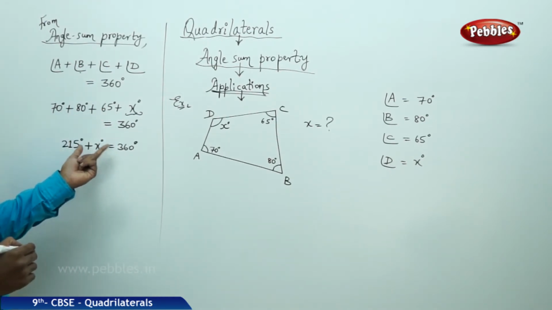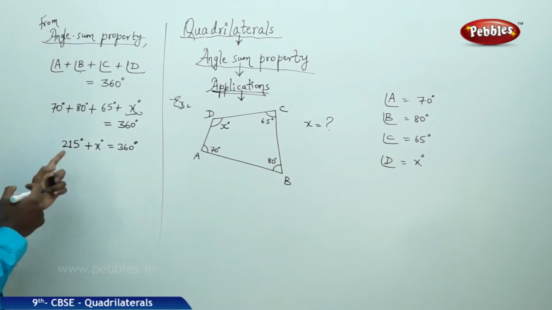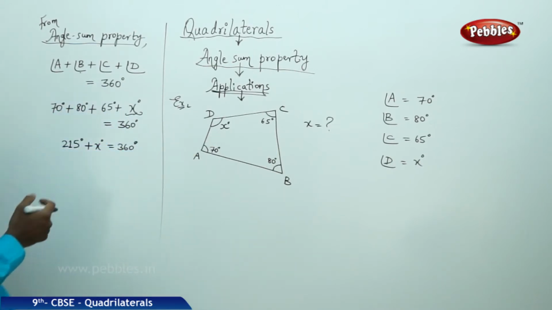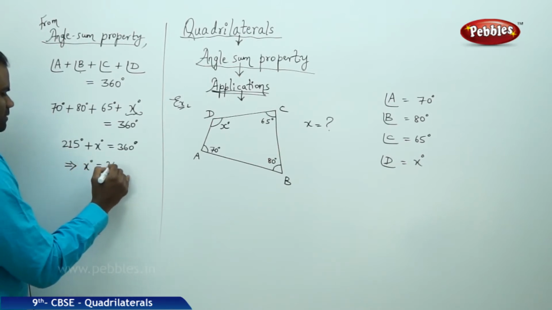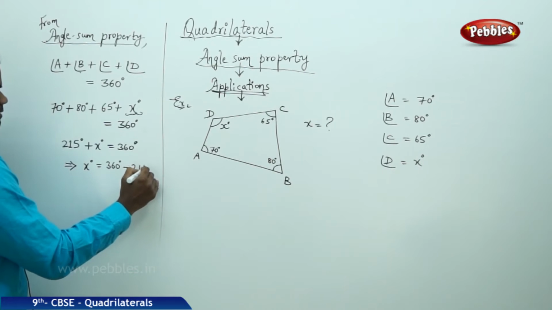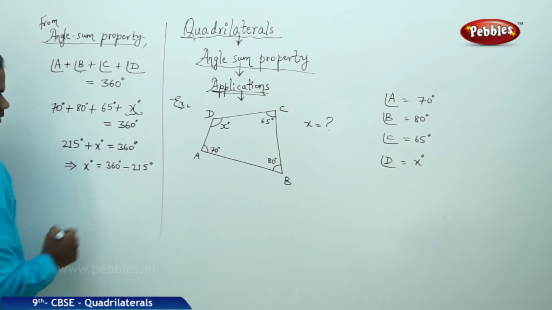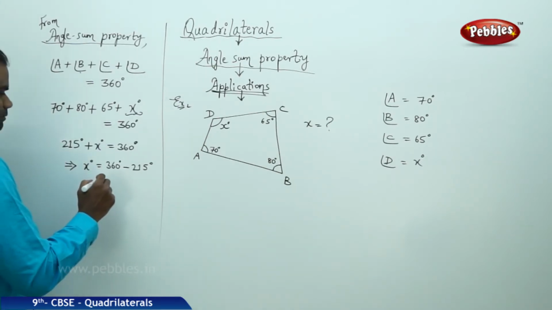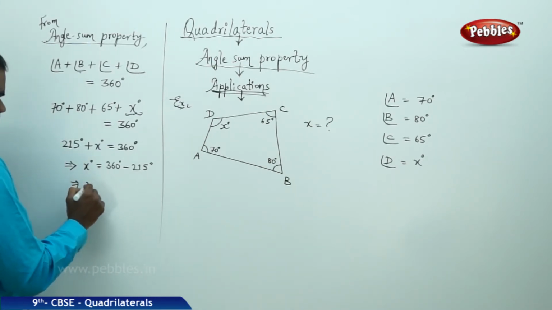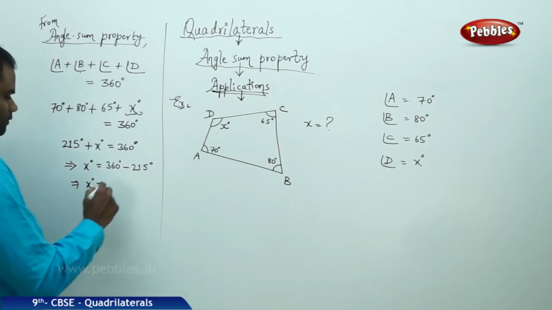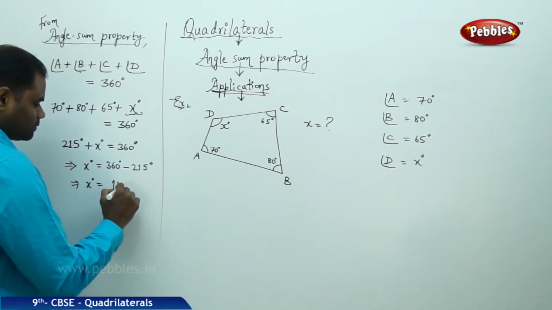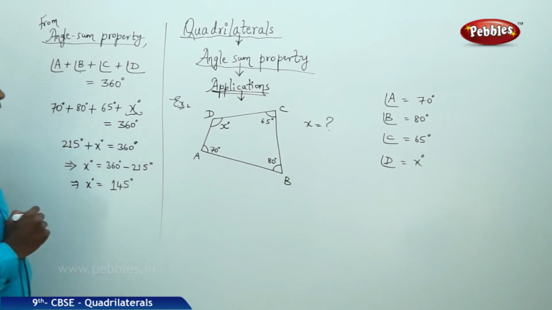Now because I want to find x, I put x on the left side and this is taken to the right, so that this reduces to x degrees equals 360 minus 215 degrees. Next, now 360 minus 215 is 145 is what we see.